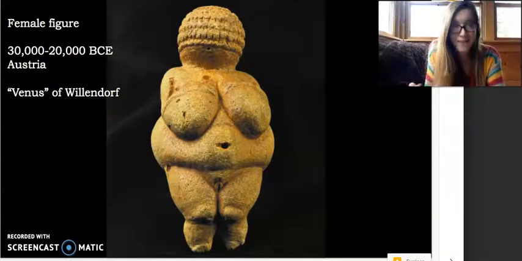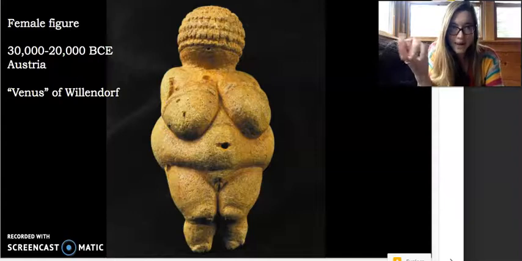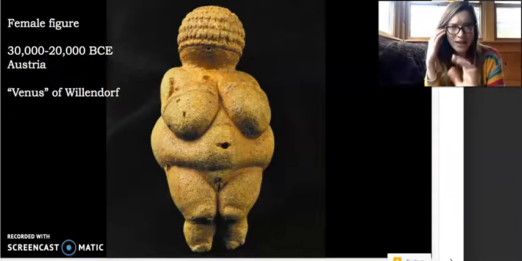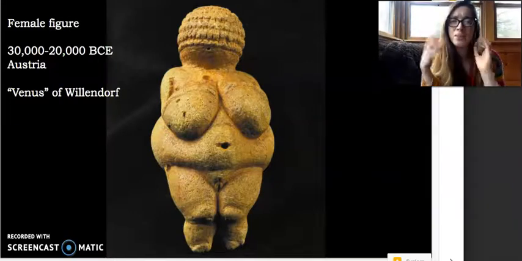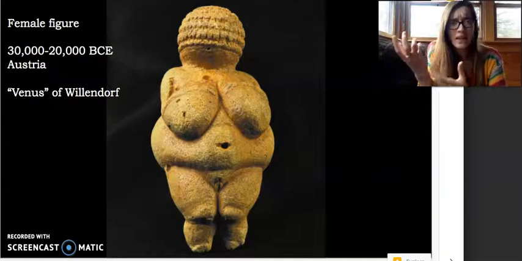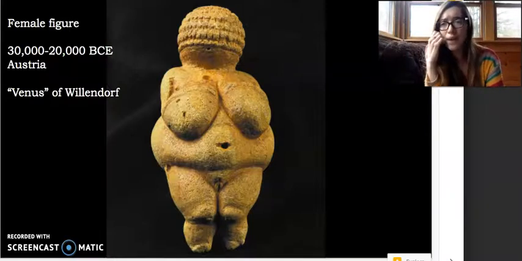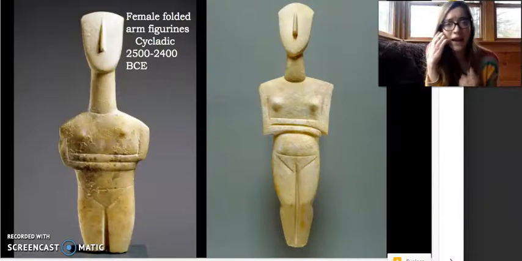To actually have as a body type. So an idealized body type with emphasis on secondary sex characteristics tends to be interpreted as a fertility symbol. And we see that as well in our Cycladic figurines.